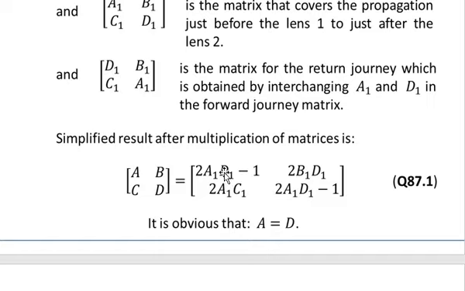Here you can see that the element in position A and the element in position D are equal to each other, which is 2A1D1 minus 1. So it means that in the matrix on the left hand side we can set A equal to D, which is obvious. And you know that ABCD is a matrix for the one round trip.